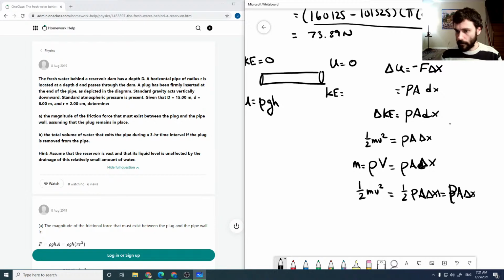So then our v squared, we can cancel our area and our delta x.